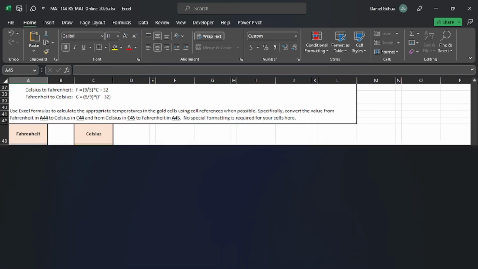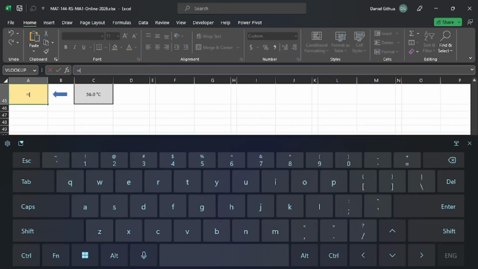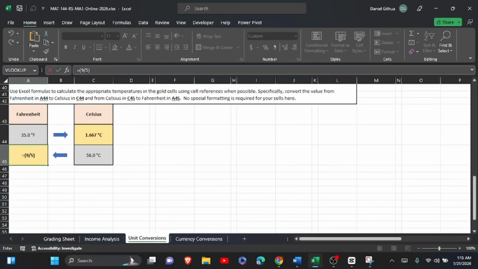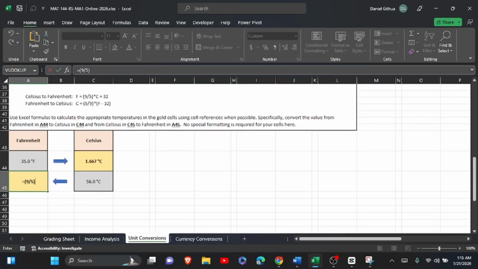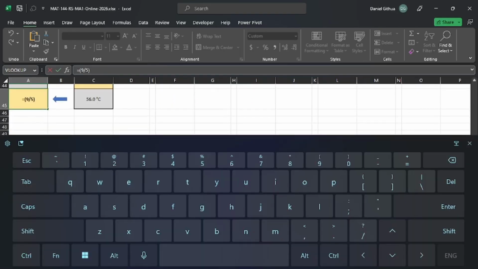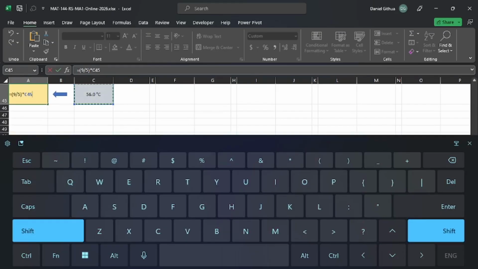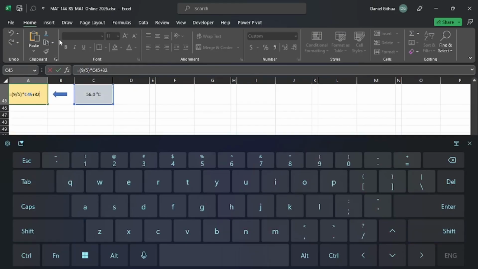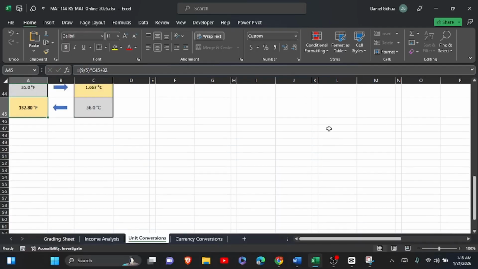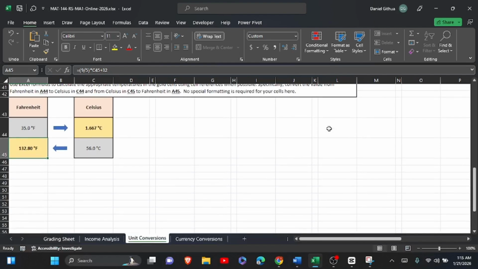So we just write in brackets 9 divided by 5, then multiply by Celsius, and then add 32, enter, and that's how we convert from Fahrenheit to Celsius, and Celsius to Fahrenheit.